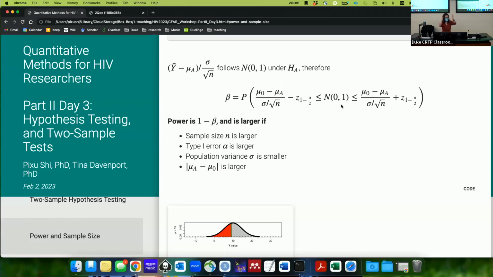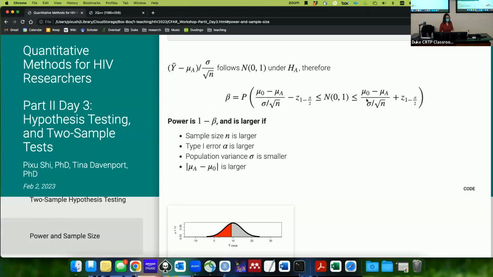And when you have a larger sample size, it will actually be more to the left tail. So your beta will actually be smaller because you are moving to the tail of the bell curve and calculating the area under the curve. It's a smaller area, so it's a smaller beta and a larger power.